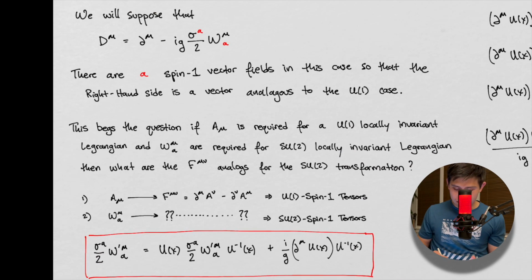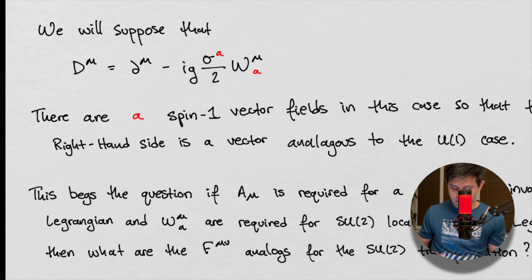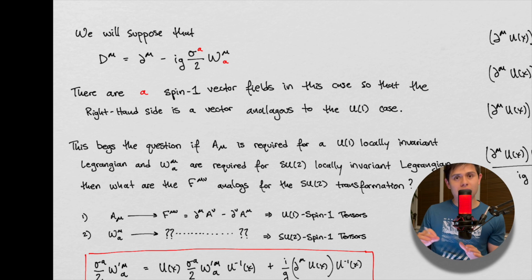There are going to be spin 1 vector fields in this case, so that the right hand side is a vector. The A's sum over each other, and what remains is just a vector, just like in the case of the electromagnetic field vector, analogous to the U1 case.